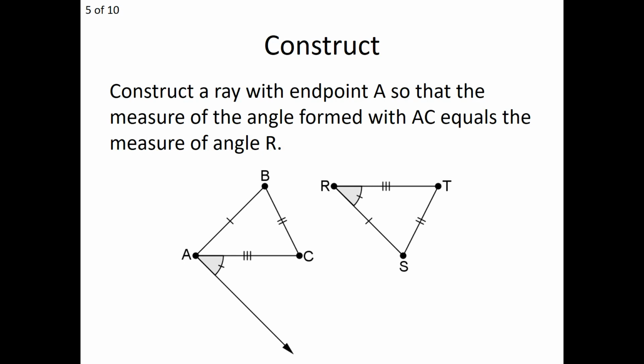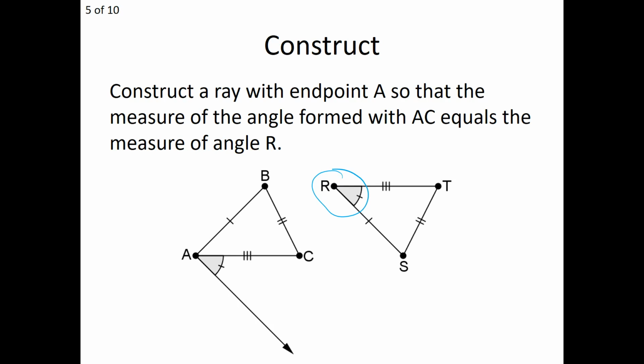We are going to start using the protractor postulate. The protractor postulate says this: we are allowed to measure and make measure of angles. So I'm going to come over here to my second triangle, and I'm going to measure out the angle R. I know R has a certain angle measure to it.